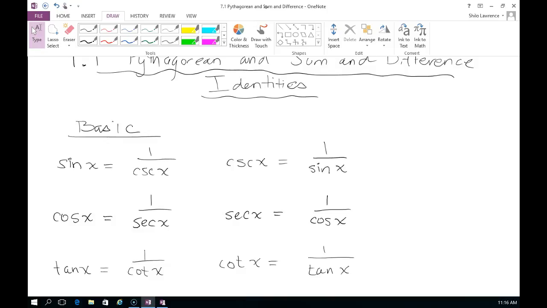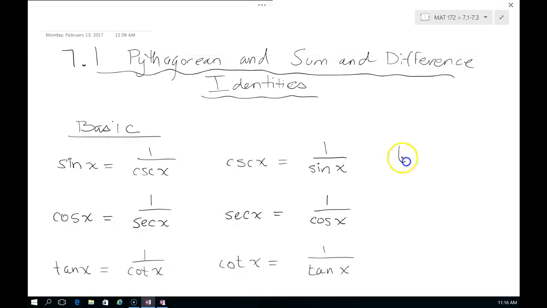The quotient identities are how we can use sine and cosine to create tangent and cotangent. So tangent is sine over cosine, and you probably used that one when you found tangent values on the unit circle.